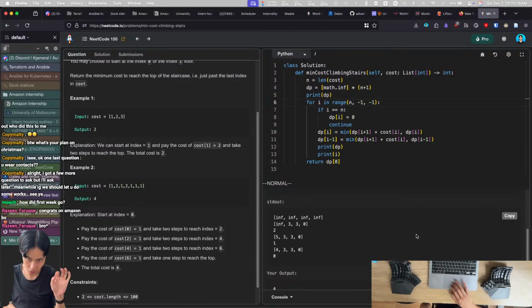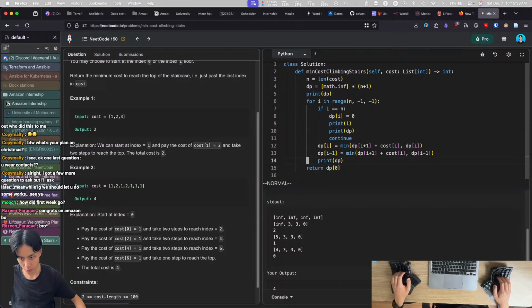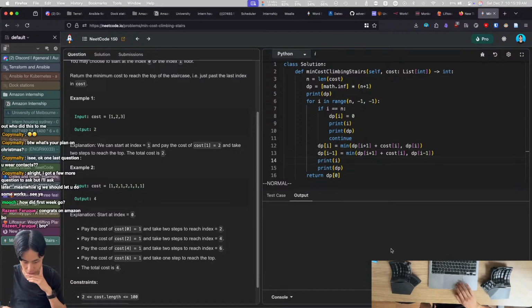Everything is infinity. Okay. So I've got to print dp here. I'm going to print dp. Okay. Run this just to see it better.